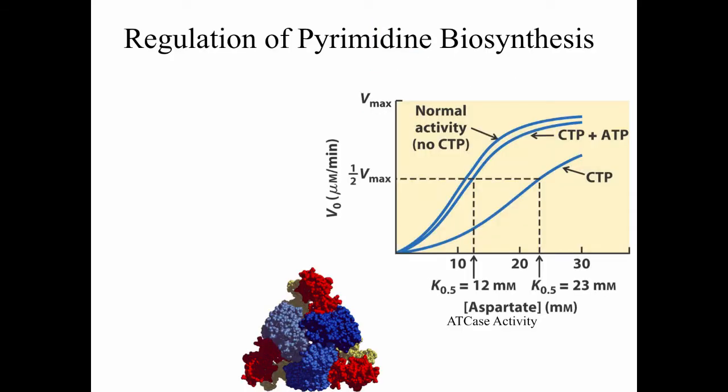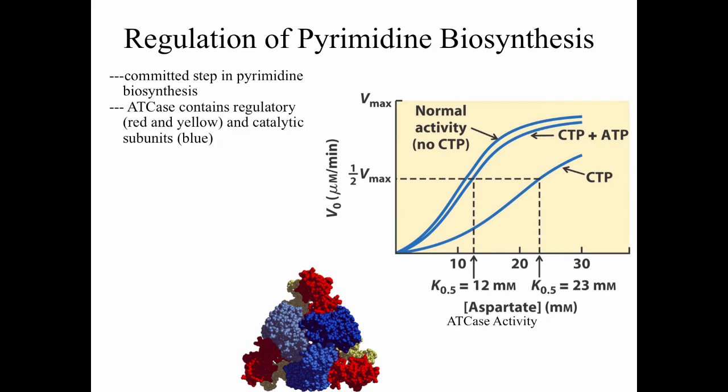And so that is a major mechanism by which pyrimidine biosynthesis is regulated, through the regulation of aspartate transcarbamylase. That first step is the committed step in pyrimidine biosynthesis. This is the structure of aspartate transcarbamylase. It contains regulatory subunits, the red and yellow subunits, and then the catalytic subunits are these blue-colored subunits.